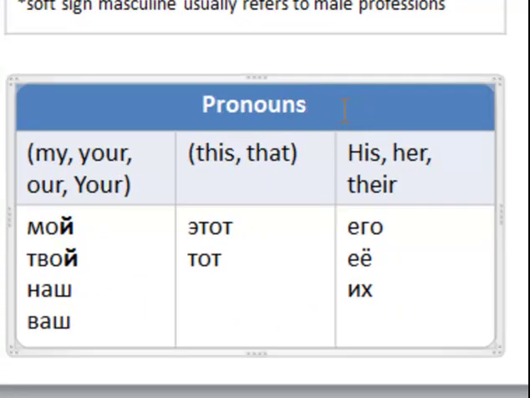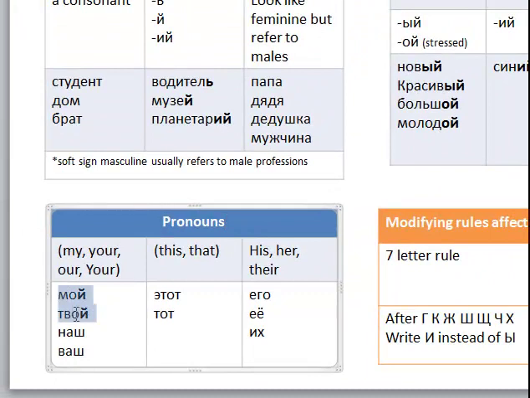The possessive pronouns used with masculine are мой, твой, наш, ваш, and also его, ее, их. These pronouns are in a separate column because they stay the same for all genders, numbers, and cases. The demonstrative pronouns for masculine are этот and тот.